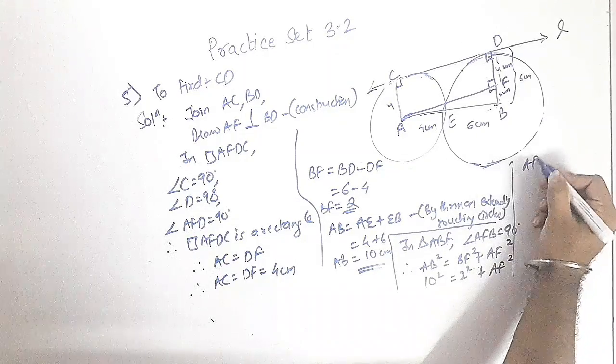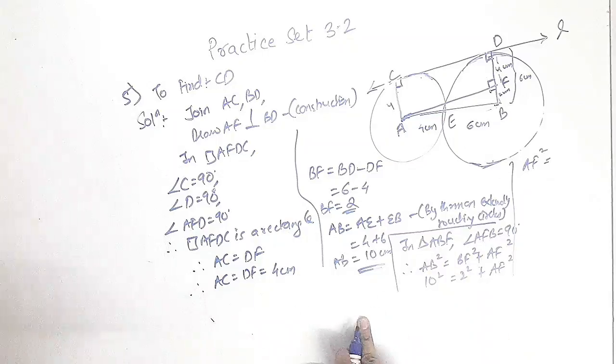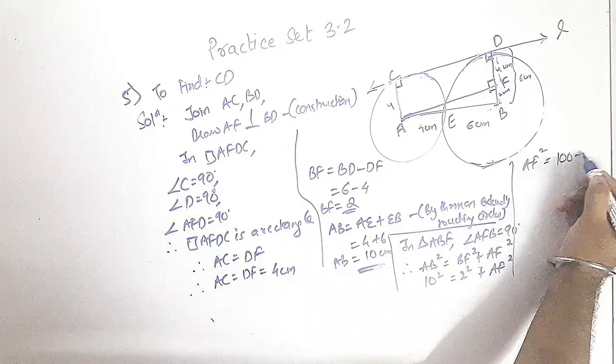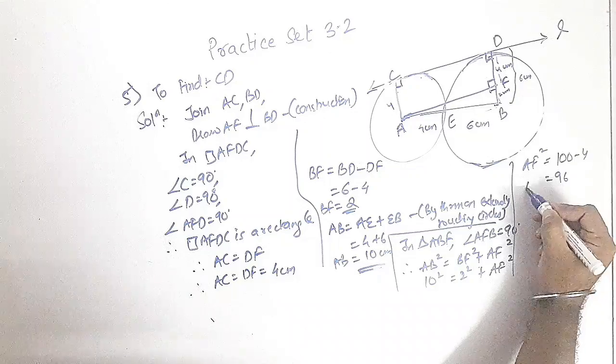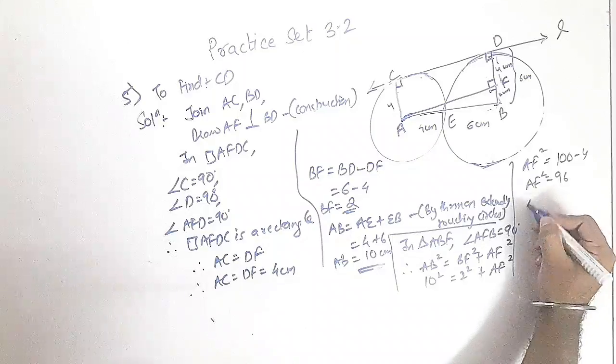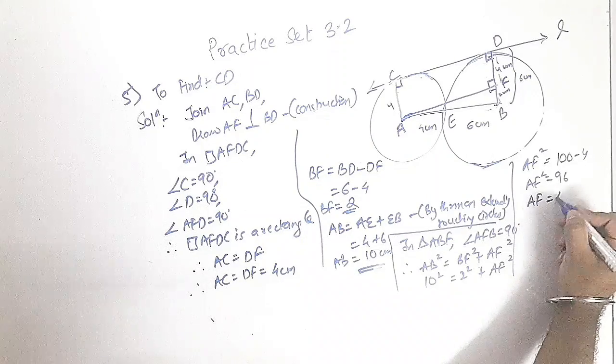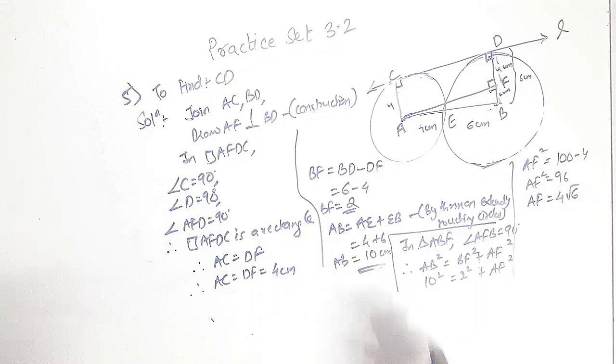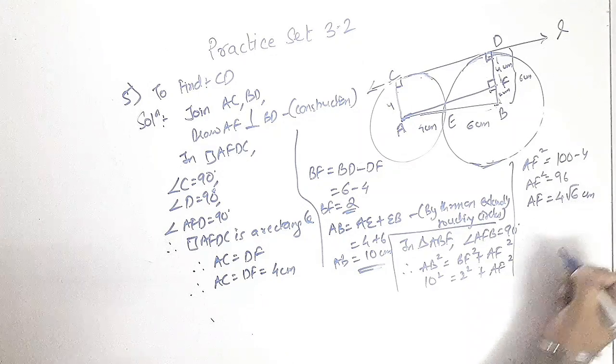So AF square is equal to 10 square minus 2 square. So it will be 100 minus 4, so it is 96. What is root of 96? Root of 96 is 16 times 6 we can write. So AF is 4 root 6 centimeter.